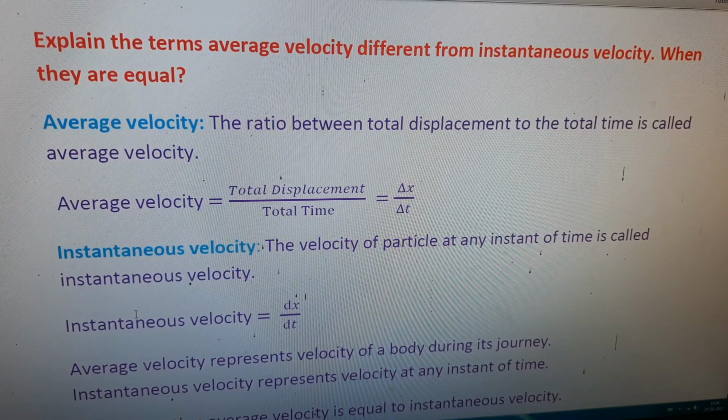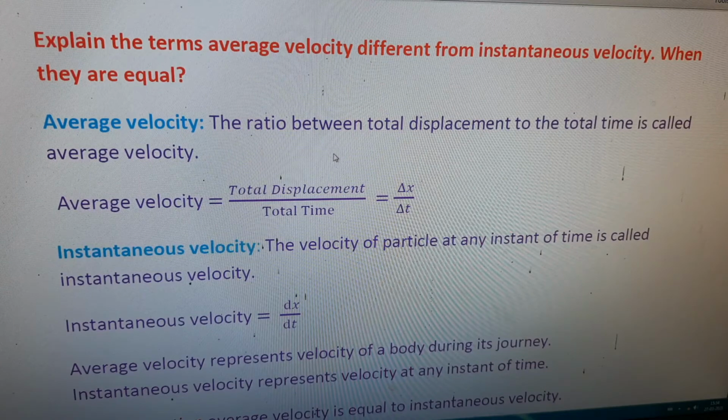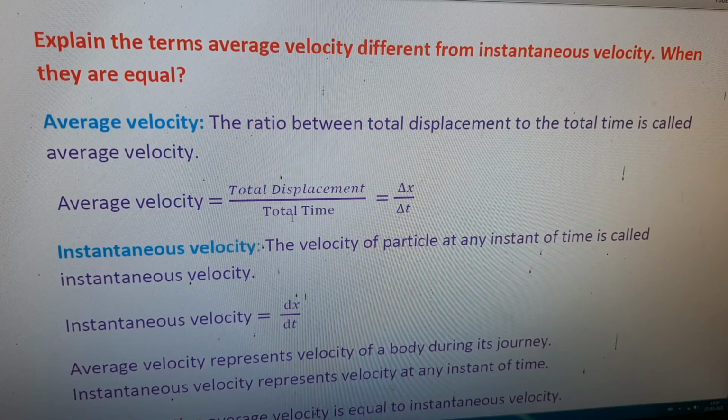So first we define the average velocity. Average velocity is the ratio of the total displacement to the total time. In formula, average velocity is equal to total displacement by total time, or average velocity is equal to delta x by delta t.